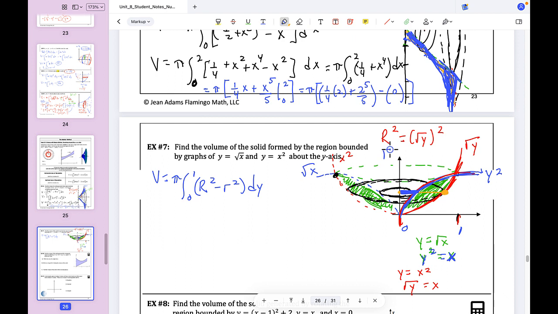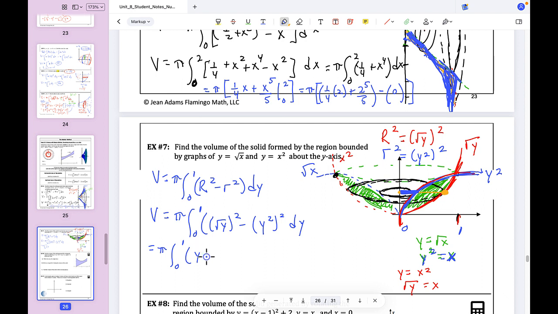Little r squared is y squared squared. So now let's go back over to our volume. We're doing pi, the integral from 0 to 1, big R squared, so that's the square root of y squared, minus little r squared, which is y squared squared, dy. So this is going to equal pi, integral from 0 to 1 of y, since the square root of y squared is y, minus y to the 4th dy.